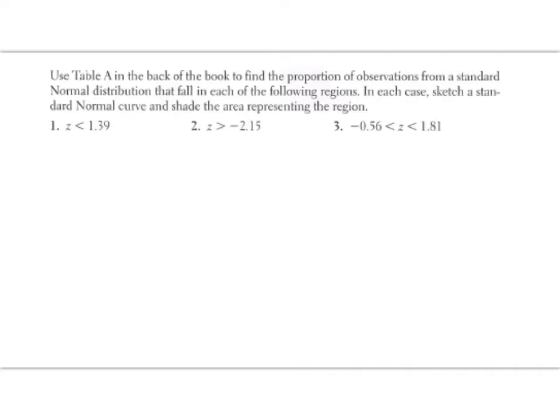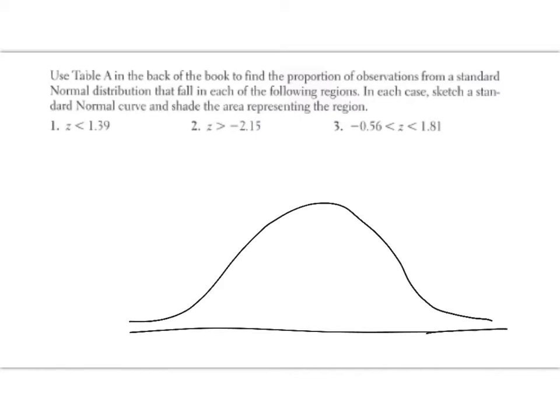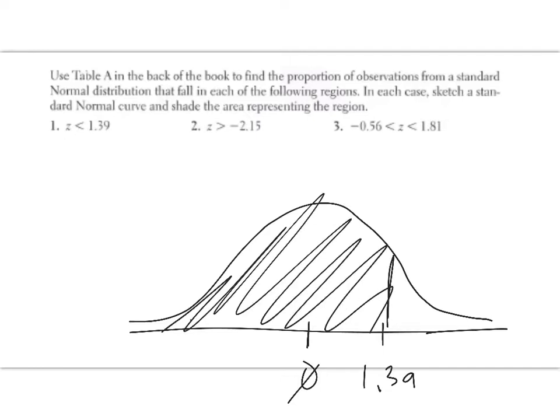For the first one, we want to know the proportion of scores that are less than a z-score of 1.39. This would be our mean right here, which would be 0. Since I want less than, I'm looking for this here to the left.